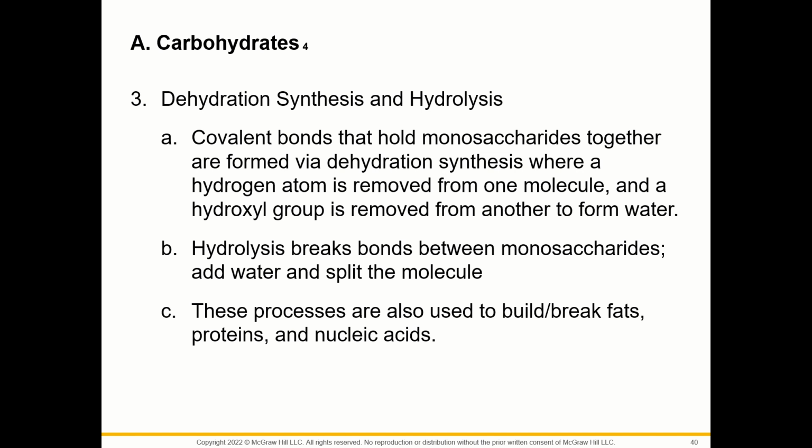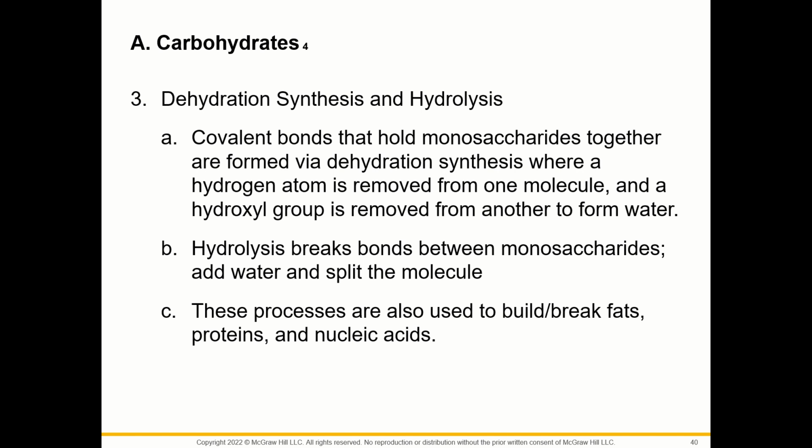So covalent bonds that hold monosaccharides together are formed via dehydration synthesis, where a hydrogen atom is removed from one molecule and a hydroxyl group is removed from another to form water. Hydrolysis breaks bonds between monosaccharides, it adds water and splits the molecule.